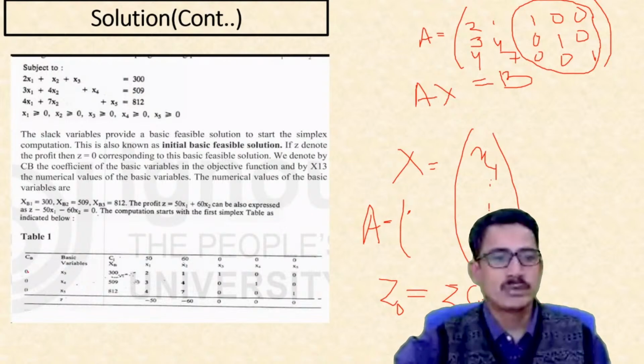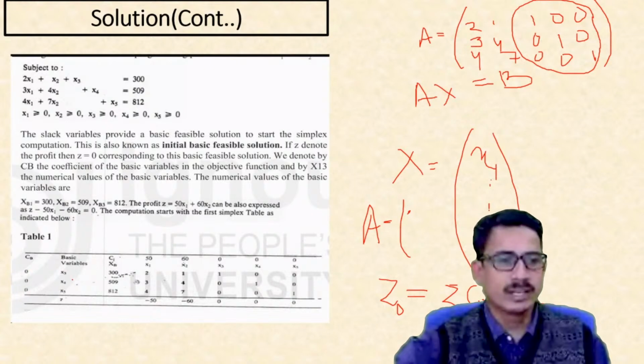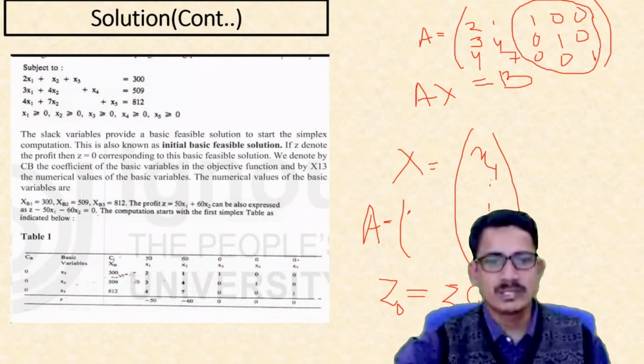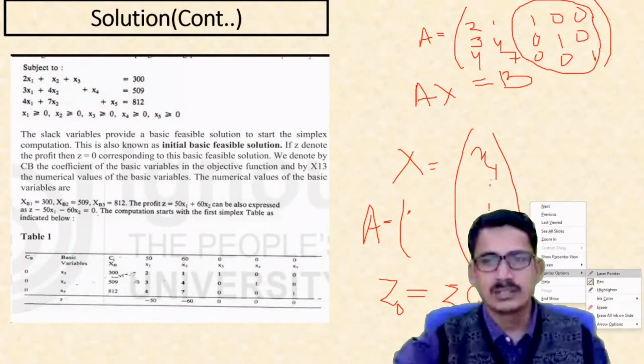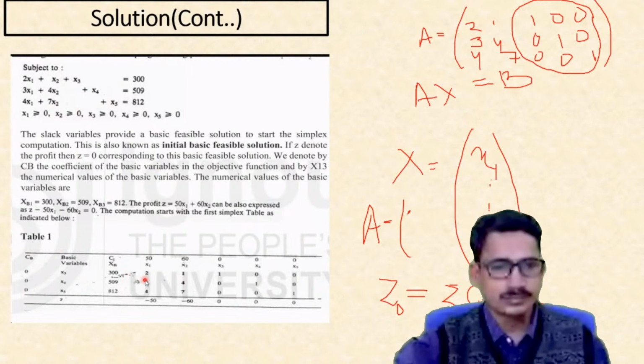The initial value is 0, because the coefficients are 0. How do we get these 0 values? Check the variables written, x3, x4, x5: the x3 coefficient is 0, the x4 coefficient is 0, the x5 coefficient is 0. After multiplying 0 into each of these, we got 0.